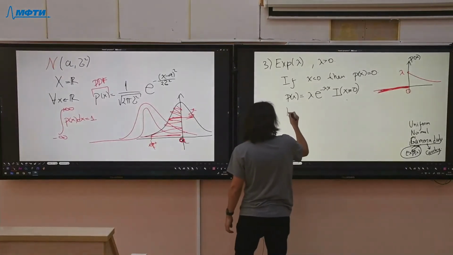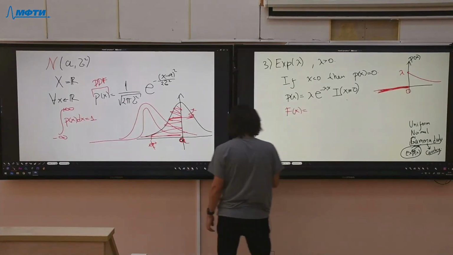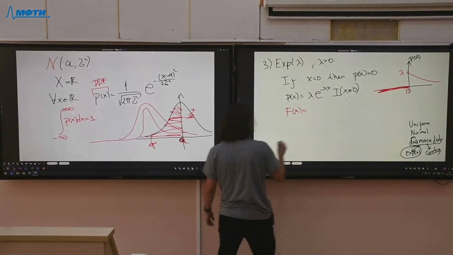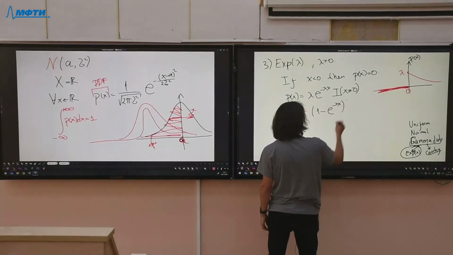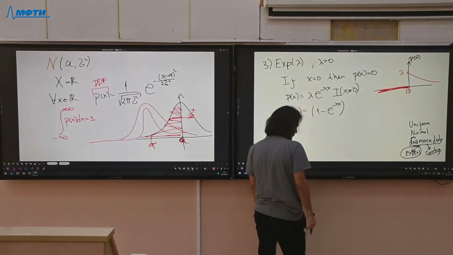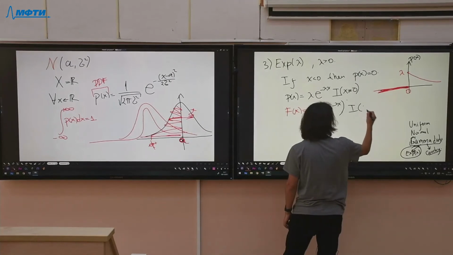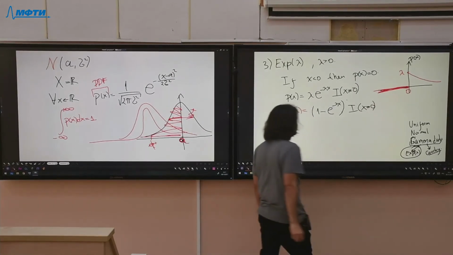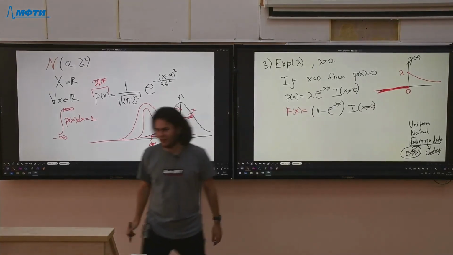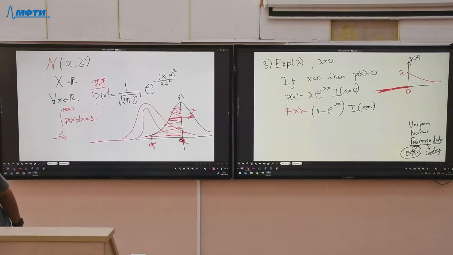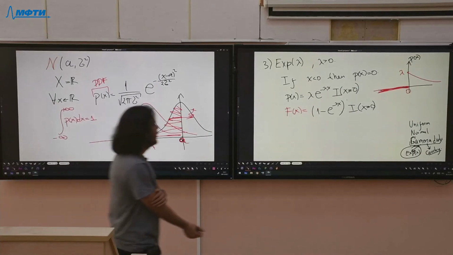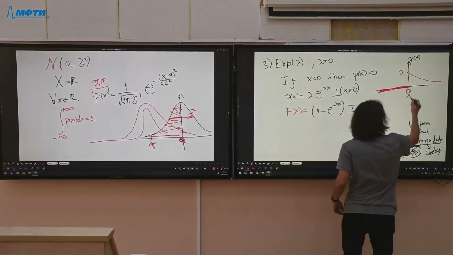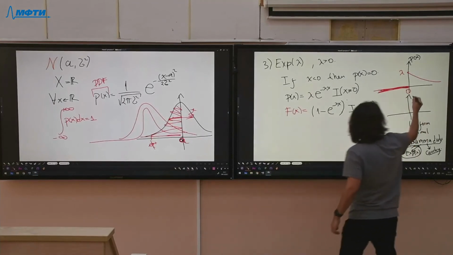And the CDF is, I think, 1 minus e to the minus lambda x, if I'm not mistaken. Let me check. It's okay. And the CDF looks like this. So this is the CDF.